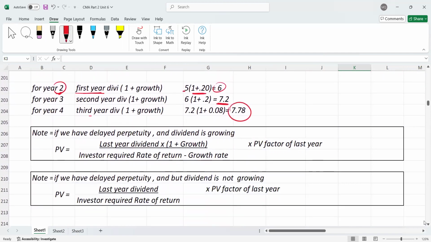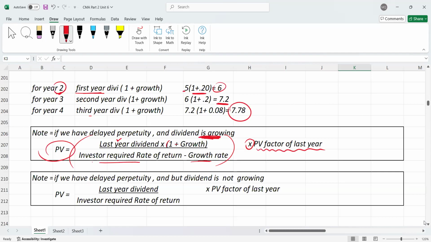For a delayed perpetuity where the dividend is growing, I'll take the last year dividend times 1 plus growth rate, divided by the investor's required rate of return minus growth rate. This is the normal formula you studied already. Then you multiply by the present value factor of the last year, and you will get the present value.